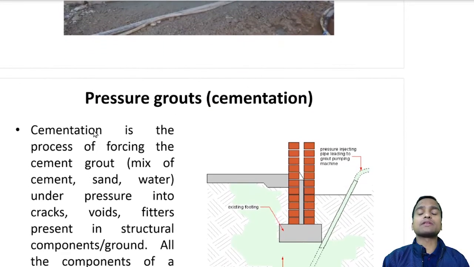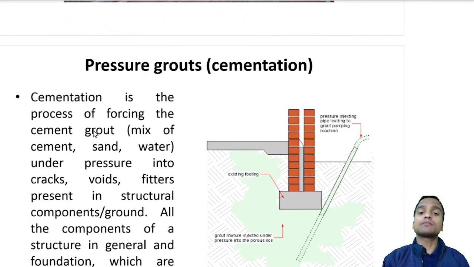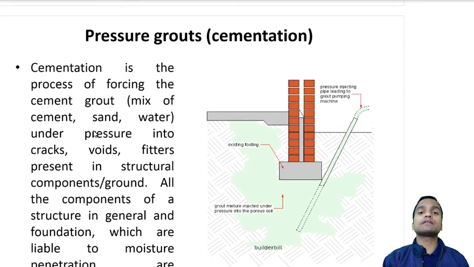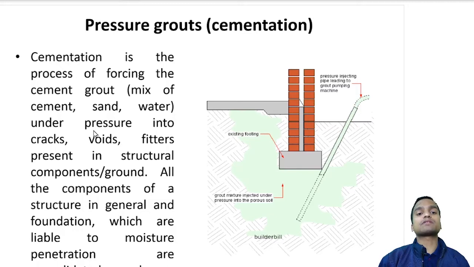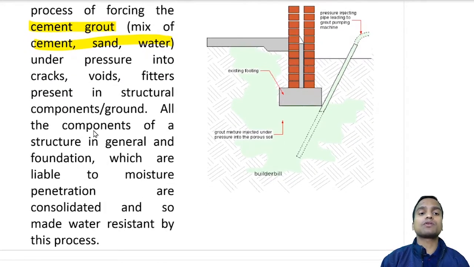Next method is pressure grouting, and in grouting we do the cementation by providing cement slurry under high velocity. So here cementation is the process of forcing the cement grout, a mix of cement, sand and water, under pressure into cracks, voids and features present in a structure component or ground, all the components of a structure in general and the foundation specifically, which are liable to moisture penetration, and they are consolidated and so made water resistant by this process.